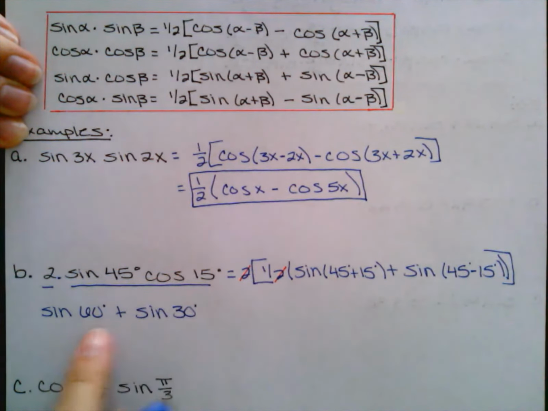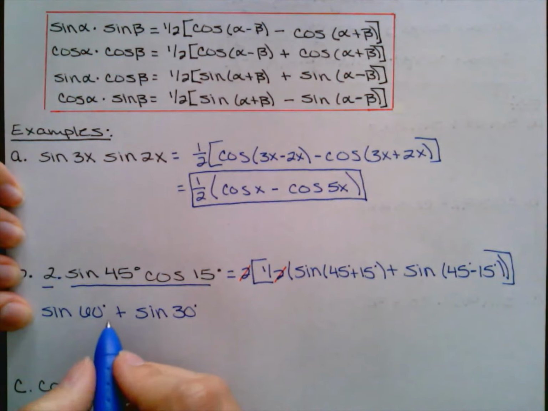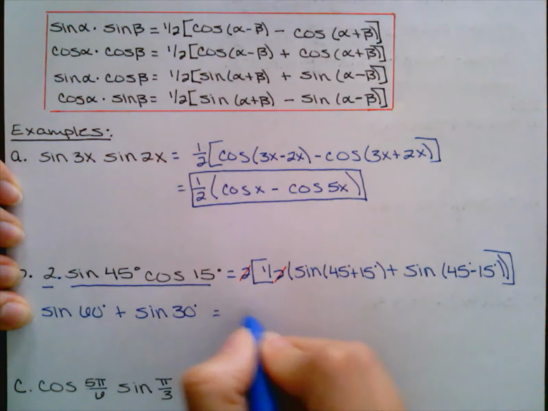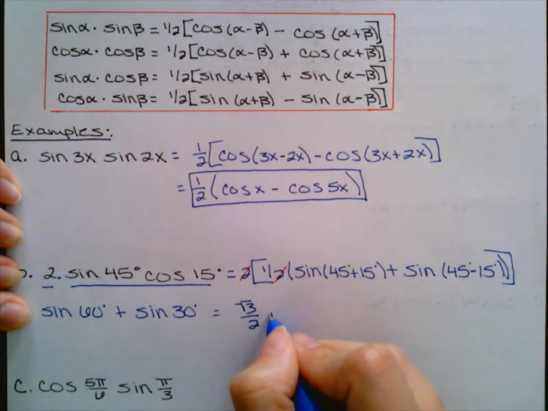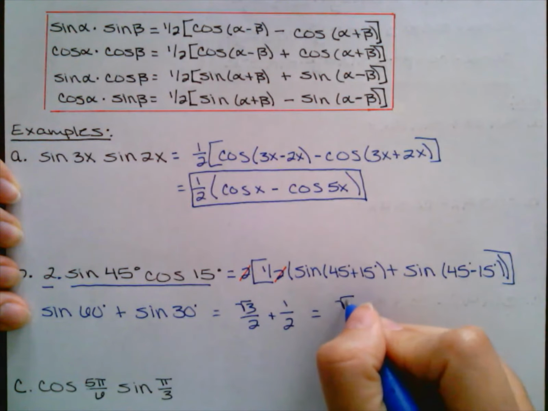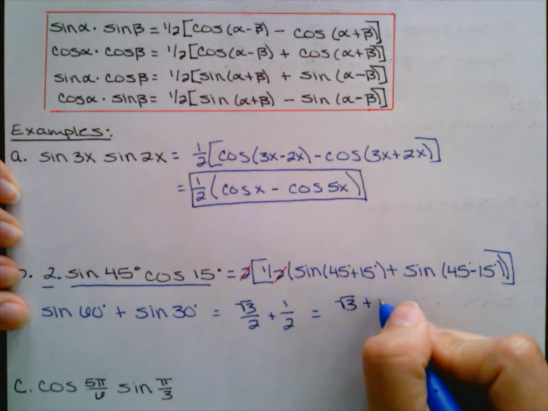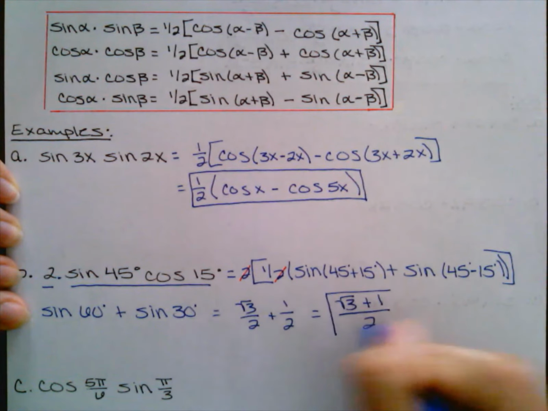At this point, 60 and 30 are both values on my unit circle. So sine of 60 degrees is radical 3 over 2, and then sine of 30 degrees is 1/2. Okay, I have a common denominator, and then I'll just write this as radical 3 plus 1 over 2. And I am done with this question.